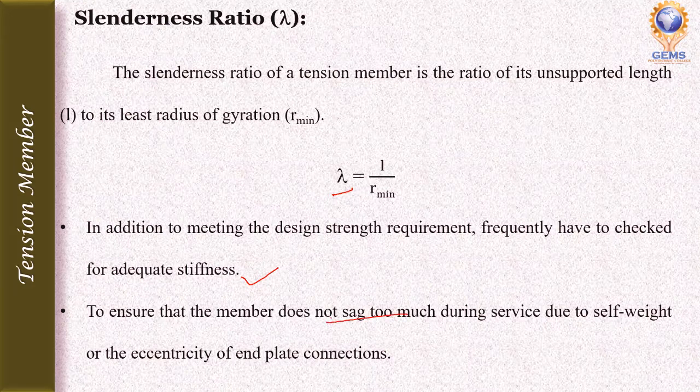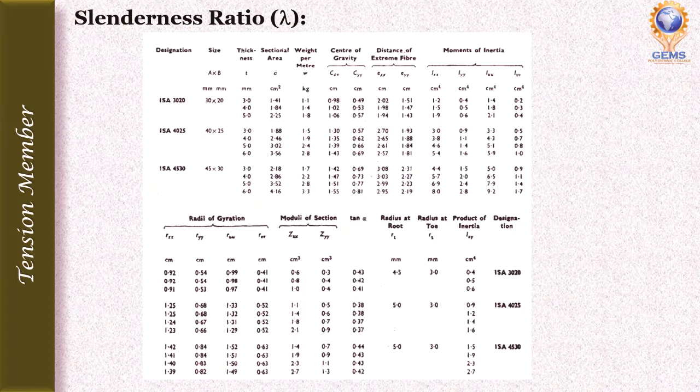So how can we find the slenderness ratio? The length you can get. Where will we get the radius of gyration? We have to use the steel table to get the radius of gyration.